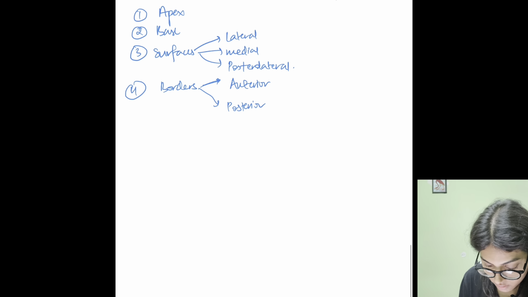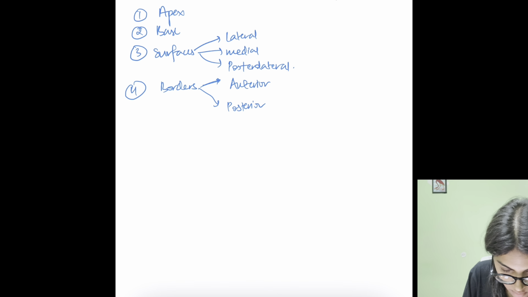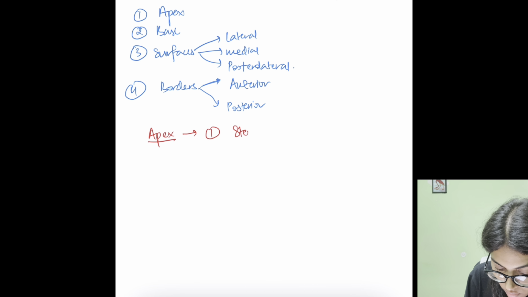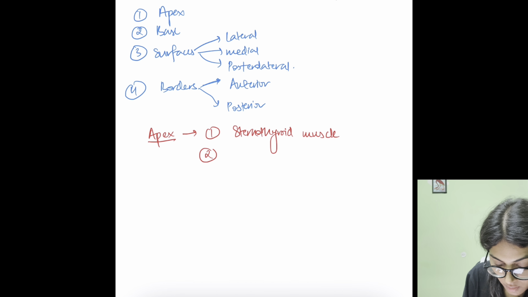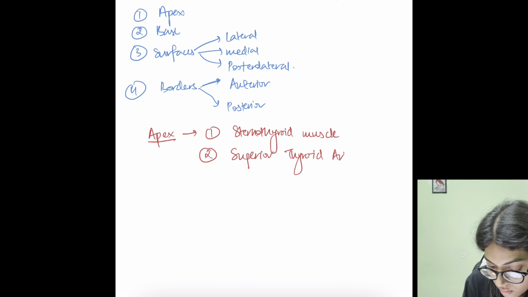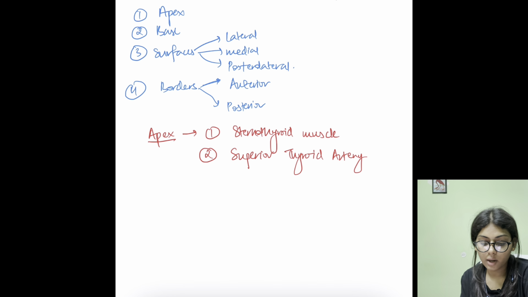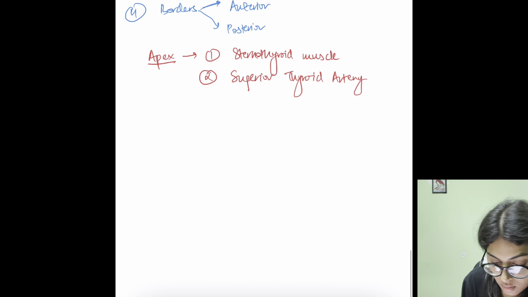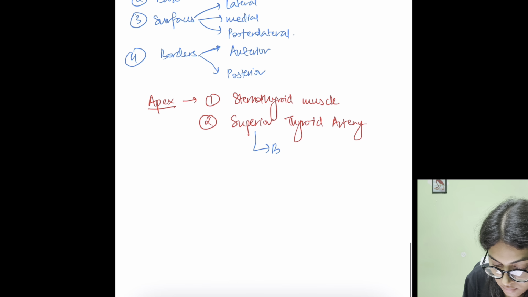Let's discuss the relations of the apex. The apex is attached first to the sternothyroid muscle. Second we have the superior thyroid artery, and the superior thyroid artery is a branch of the external carotid artery.